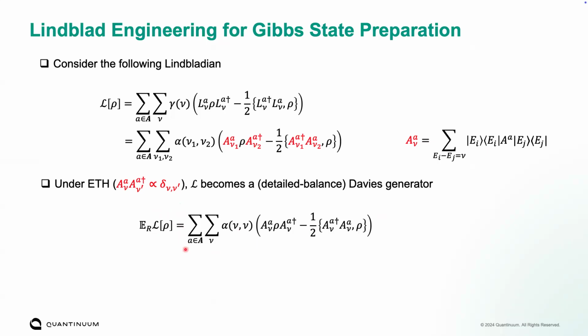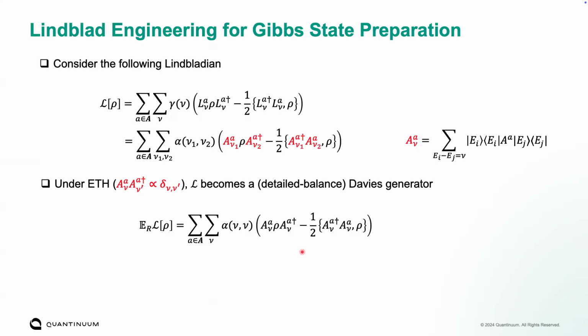And if you remember the form of the first generator that we looked at, this is exactly the Davies generator. Meaning that you have nu and nu, and then there's some alpha nu, and so on.